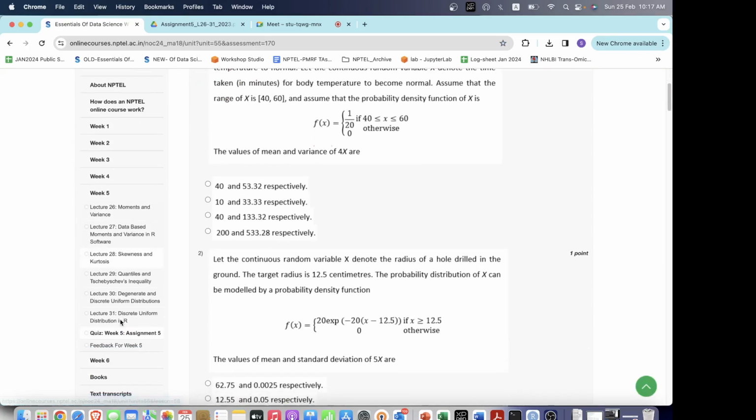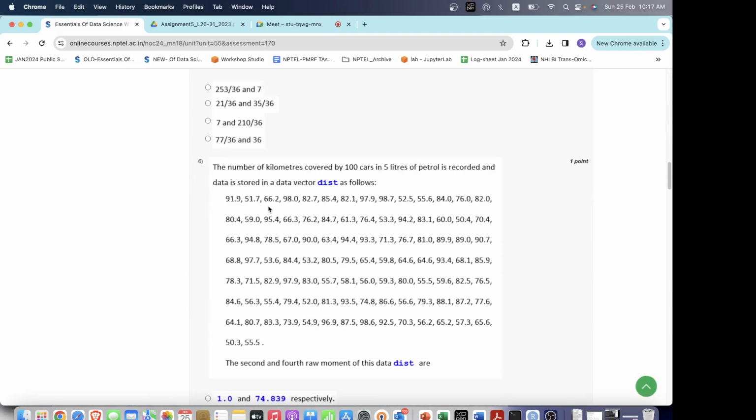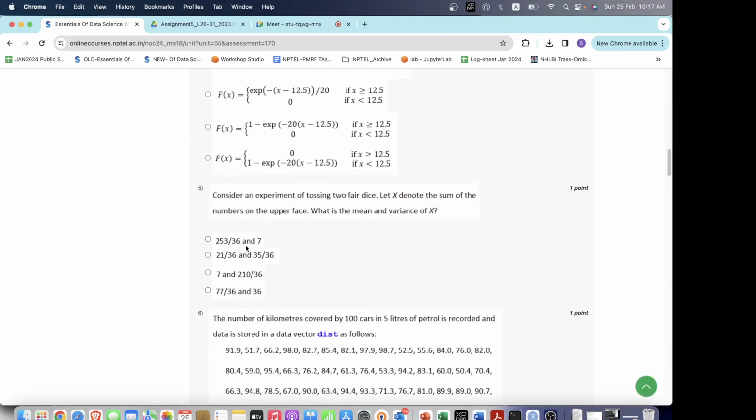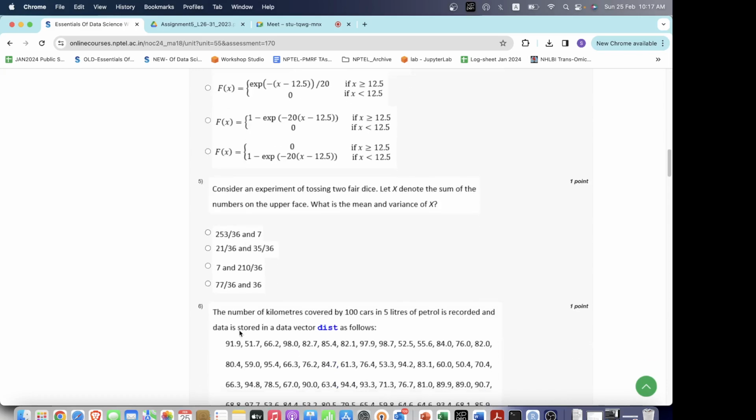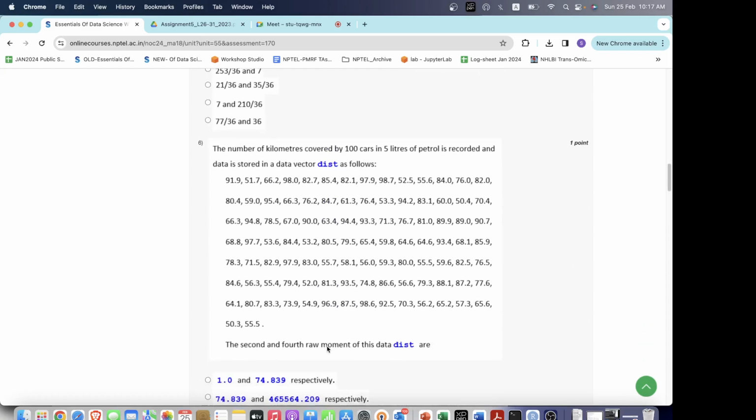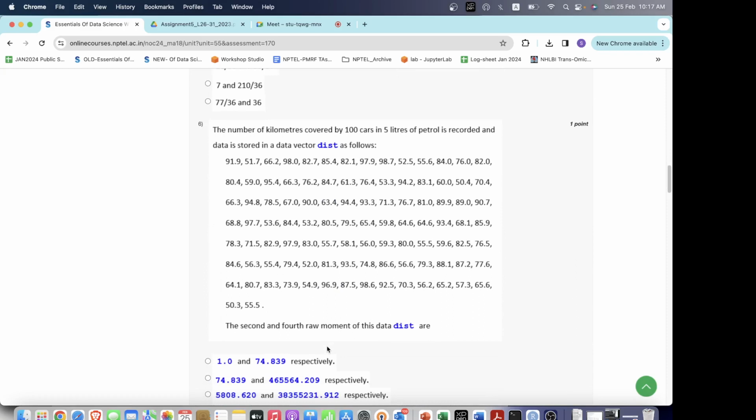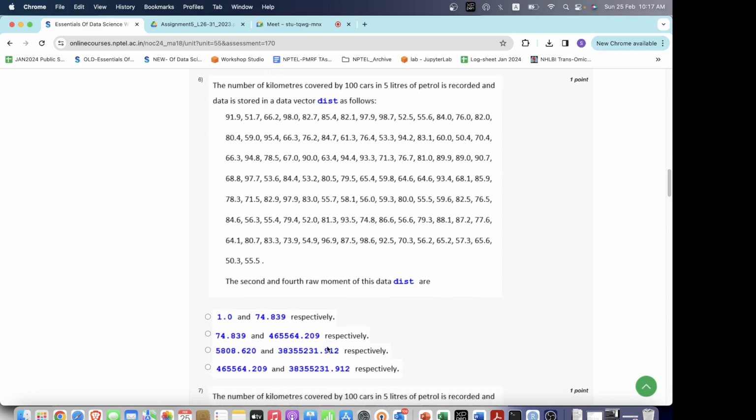Like the fifth question, fifth or sixth. Yes, fifth, sixth question. Ma'am, how can we import this data? If we are using all these commands, first we need to import this data variable, or we have to store this variable into some variable. See, this is an assignment question, so there's no bound of time for you.